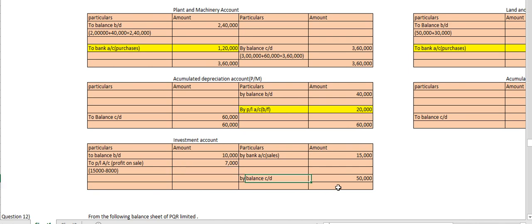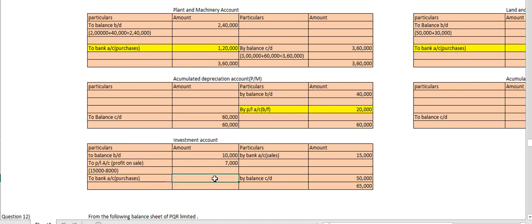So the total of it, you have 65,000. So to balance, to bank account, if it's a debit balance, it is considered to be purchases.